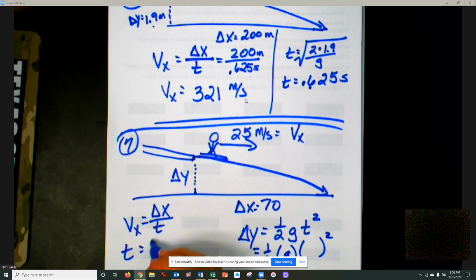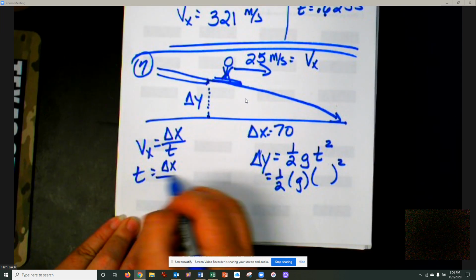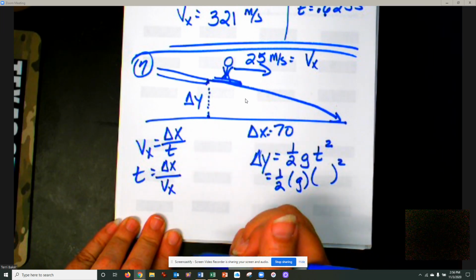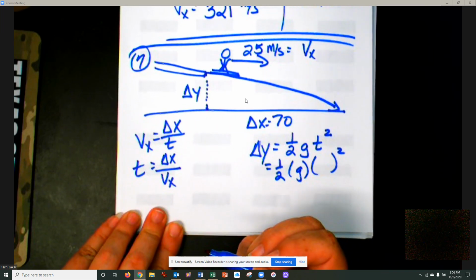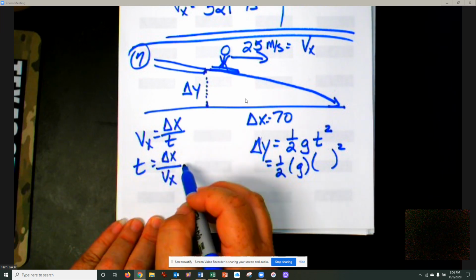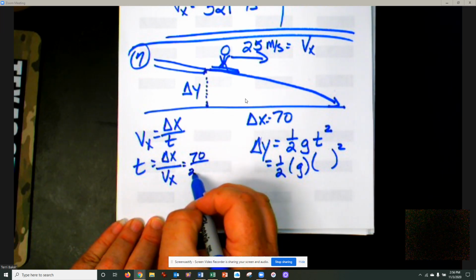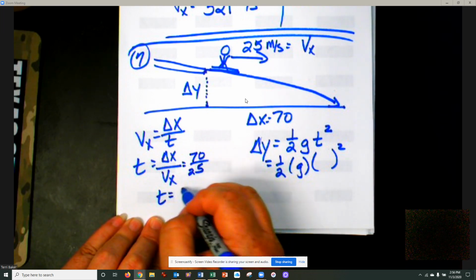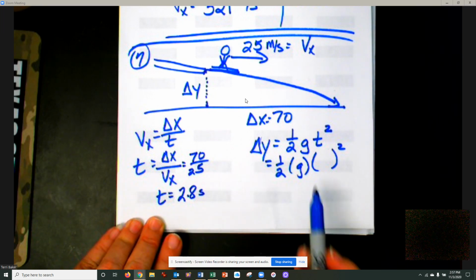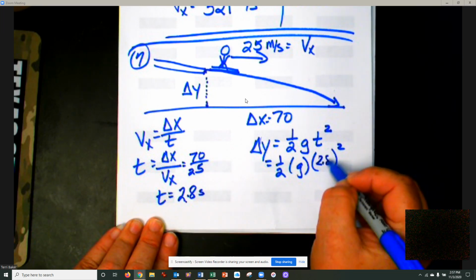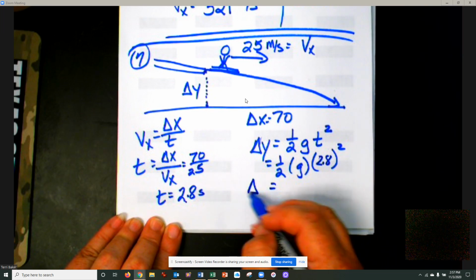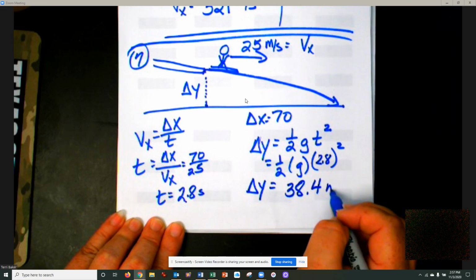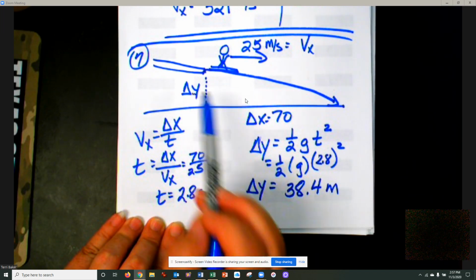Rearrange this equation: delta x divided by your horizontal velocity. So plug in 70, 25. Time is going to be 2.8 seconds. Plug that in over here, and your height is going to be 38.4 meters.